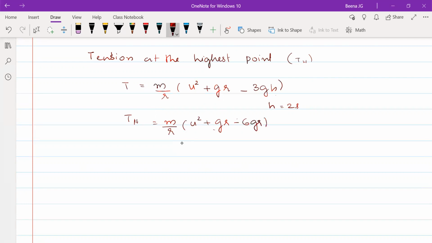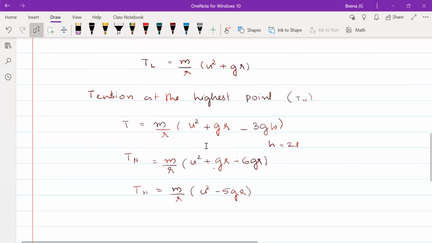So the gr and minus 6gr we can simplify. So finally what we have is m by r into u square minus 5gr as the expression for tension at the highest point. And tension at the lowest point we have m by r into u square plus gr.